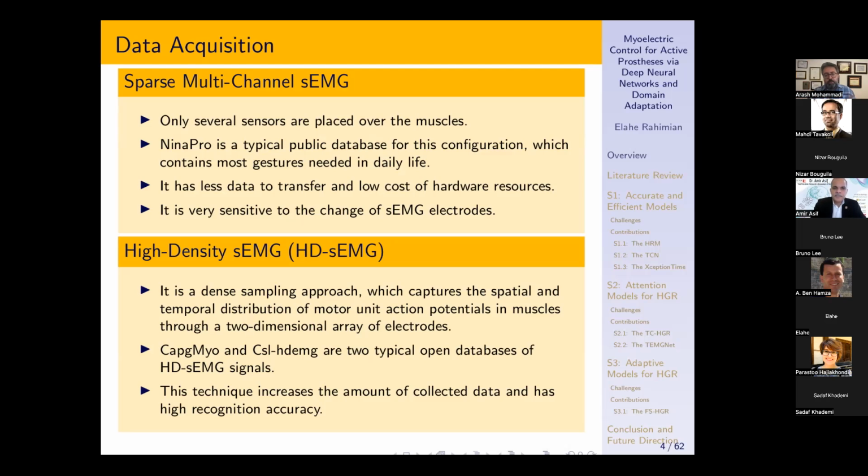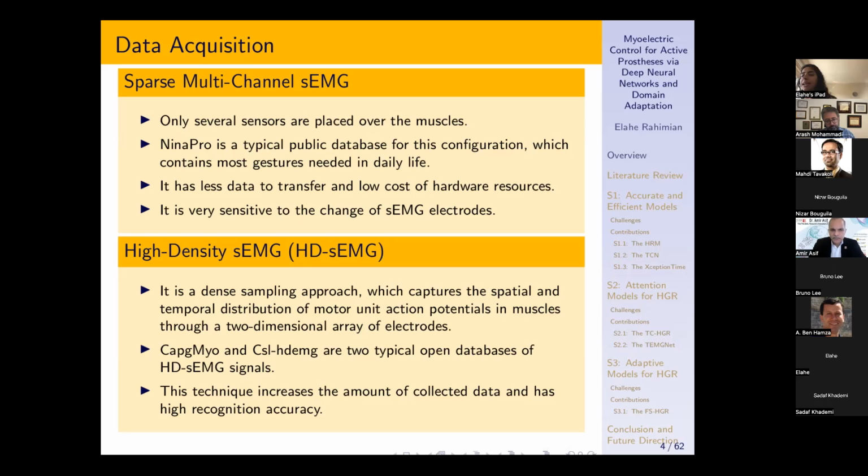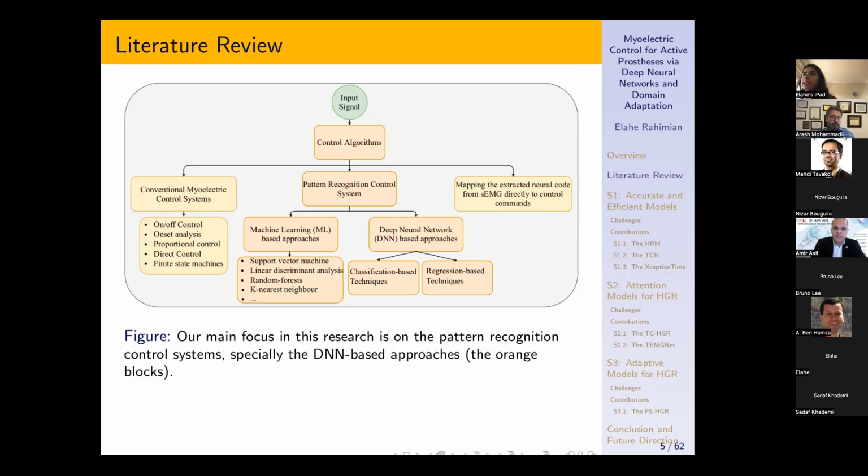The number of electrodes is large, and we can capture both temporal and spatial motor unit action potentials in muscles. Two databases here are CAP-MYO and CSL HD-EMG. Because of the complexity of high density SEMG, it adds latency to the processing pipeline. After collecting SEMG data, we have different control algorithms.